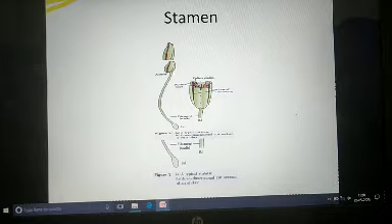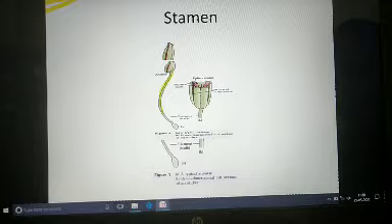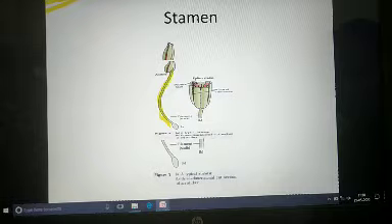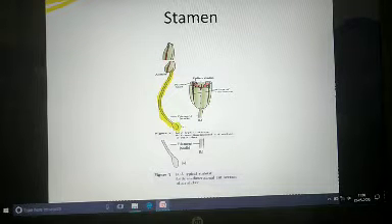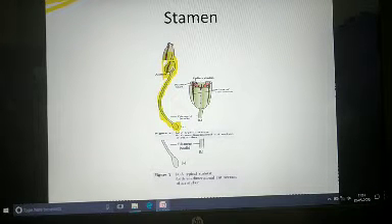So here, the structure which is highlighted is the filamentous part. The filamentous part is attached to the base of the flower, that is the thalamus. Here you could see the anther, and this anther is attached to the filament with the help of a connective.